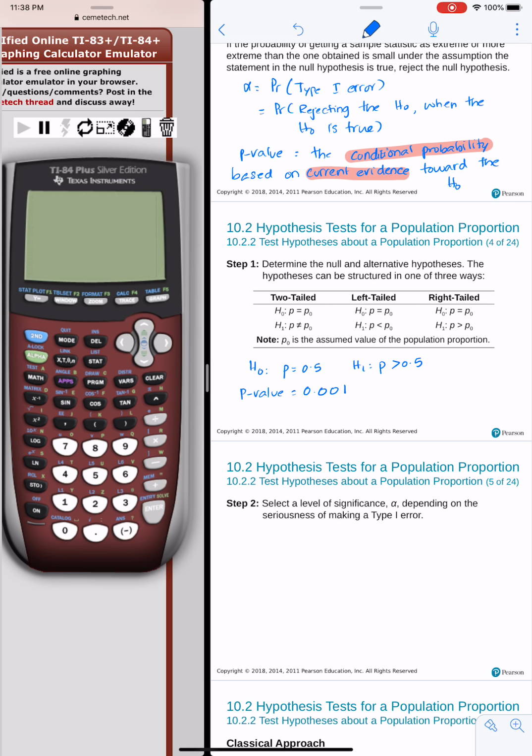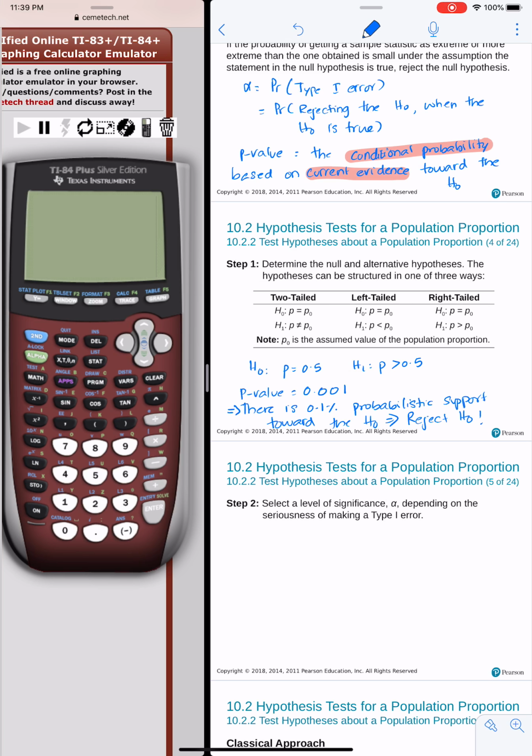This tells us there is 0.1% probabilistic support toward the null, which would imply that we have to reject the null statement because the data is only giving us 0.1% probabilistic support. Therefore, we have to reject the null.